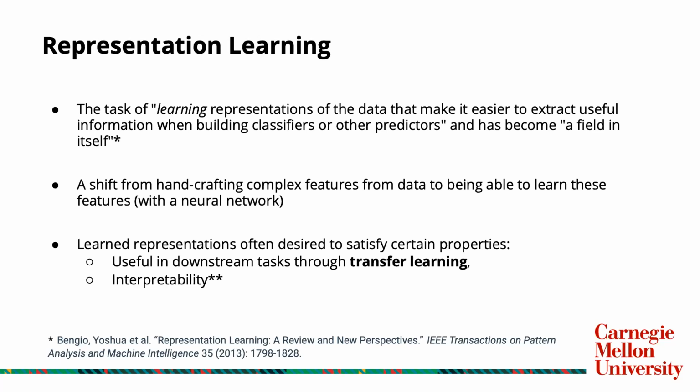And the one that we care about most is that these learned representations should be useful for some downstream tasks and should be able to be used for a variety of tasks through transfer learning. And certain other things such as interpretability or fairness or other notions which are becoming more and more popular in research. But I recommend that you read the paper to go through a list of all the properties that one might want their representations to satisfy.